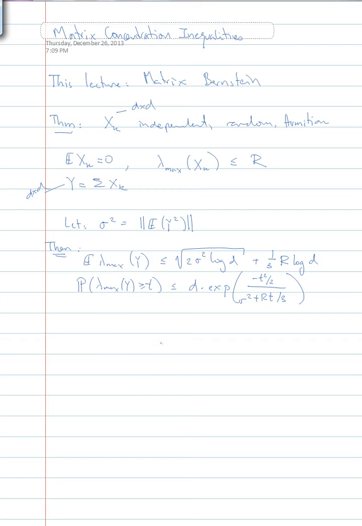So in matrix Chernoff, recall that the primitive that we used was basically the expected value of X. So we bounded the expectation, we bounded the MGF, and then the cumulant generating function in terms of a function of the expected value of X.